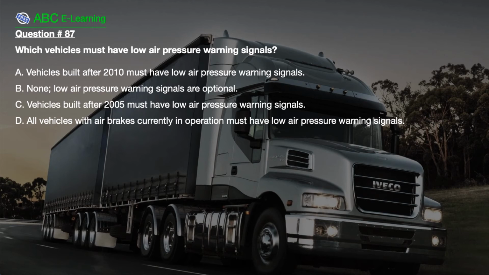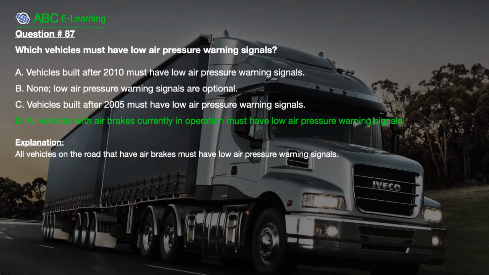D. All vehicles with air brakes currently in operation must have low air pressure warning signals. The correct answer here, D. All vehicles with air brakes currently in operation must have low air pressure warning signals. Explanation. All vehicles on the road that have air brakes must have low air pressure warning signals.